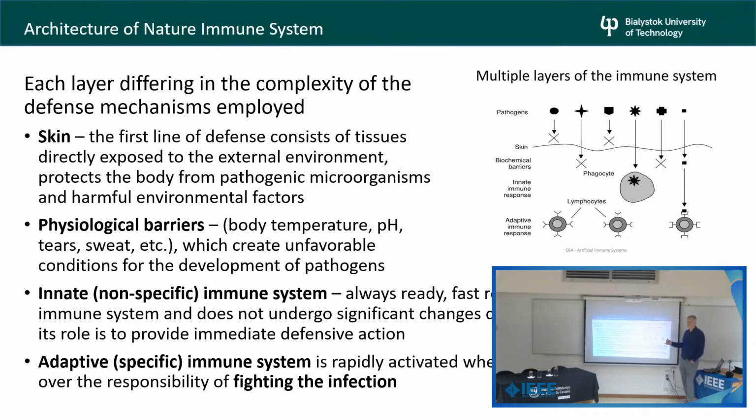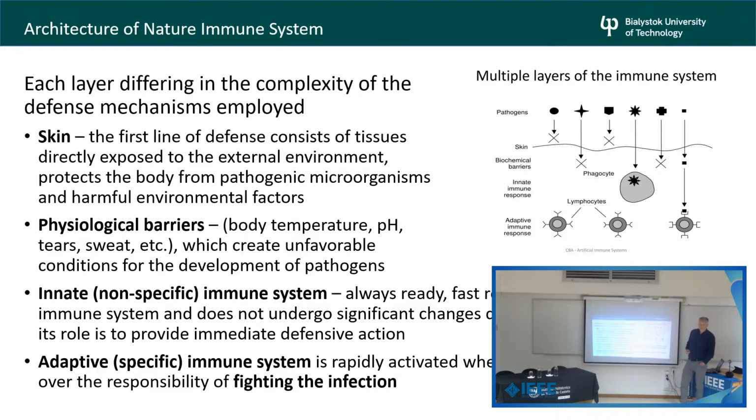The innate immune system we have when we are born, and it does not change during our life. The adaptive system is learned during our whole life, and it is used only when the skin, physiological barriers, and innate immune system do not remove the pathogens from our body.